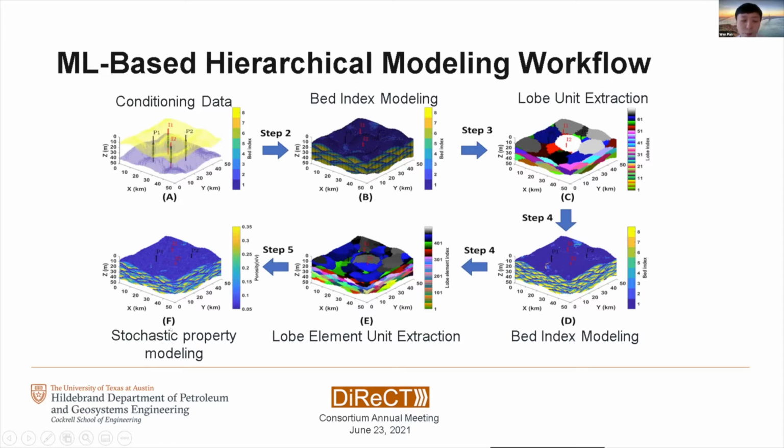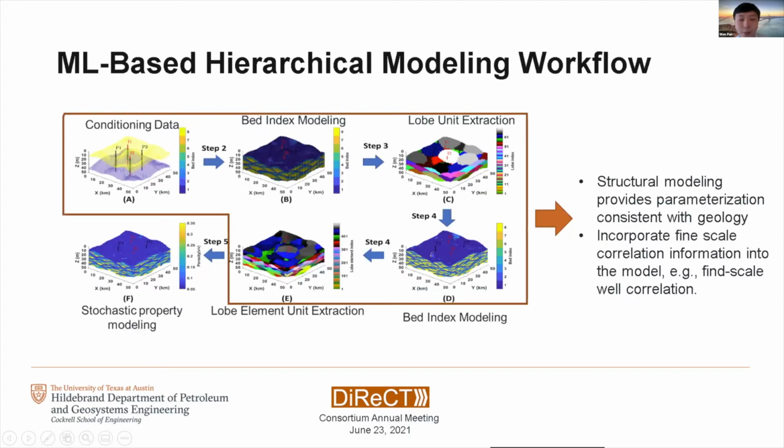And finally, we would parameterize this whole reservoir by either using the lobe unit or lobe elements, and then stochastically populate the properties with this parameterization. So the first 4 steps are actually for the structural modeling, and the property modeling is only the last step.